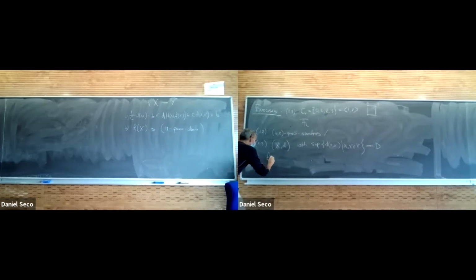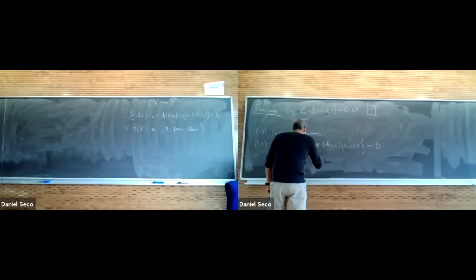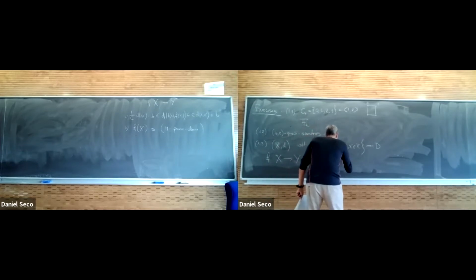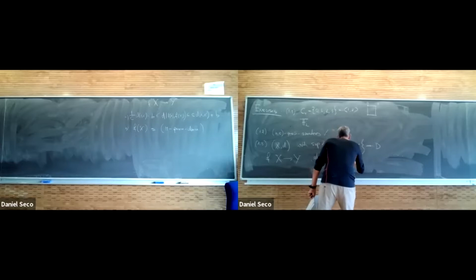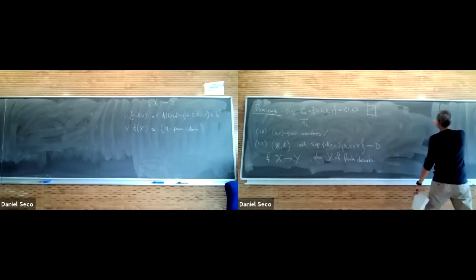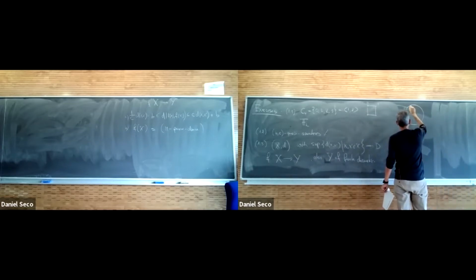So imagine that you have X and also Y, both of finite diameter. And you have something bounded here.